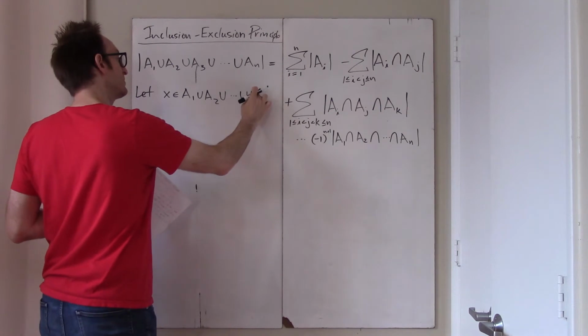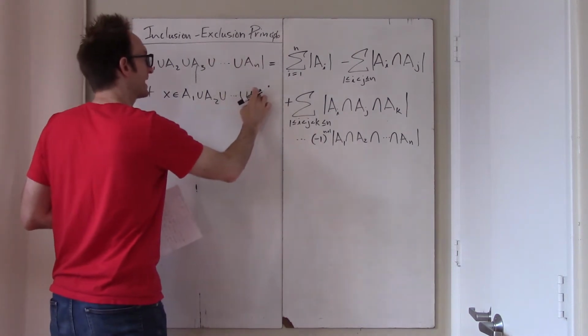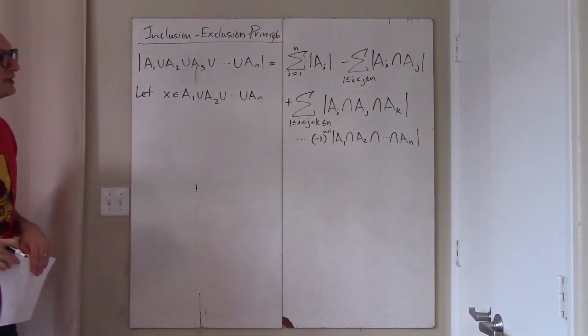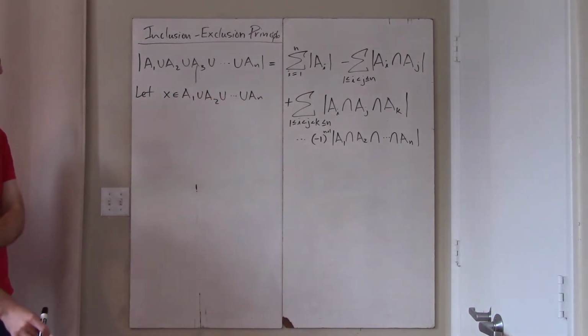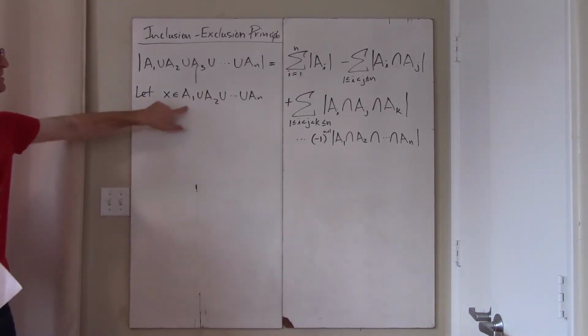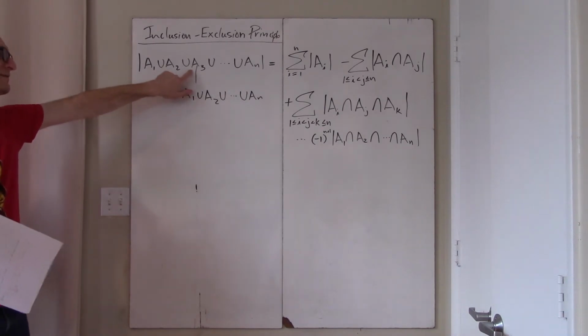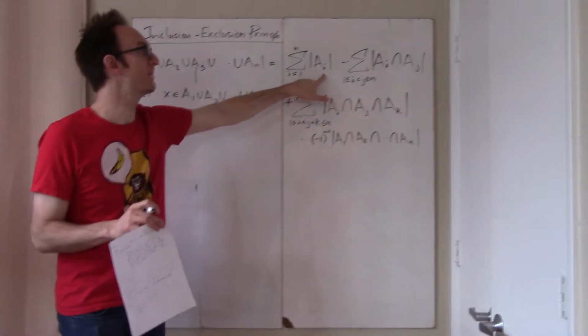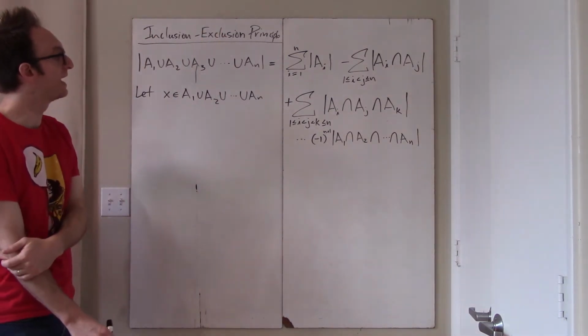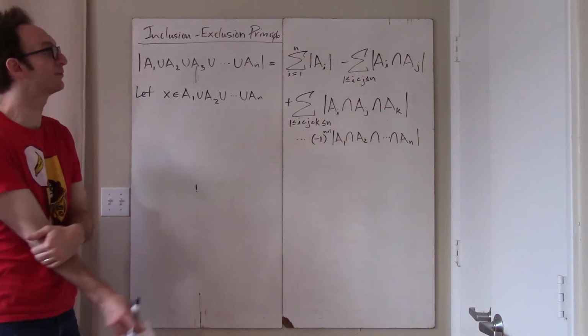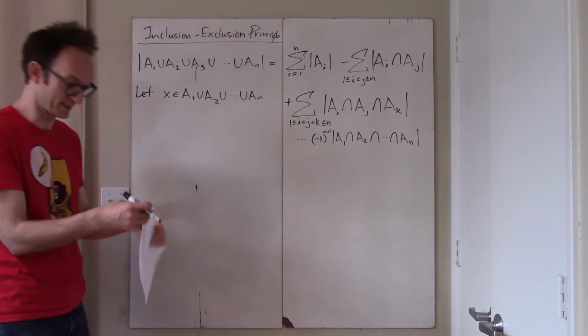And what I want to show is that for this arbitrary object, this right-hand side correctly counts this object. Well, of course, this object appears just once in this set on the left, and so we should hope that by following this method on the right-hand side, this object x is accounted for just once.